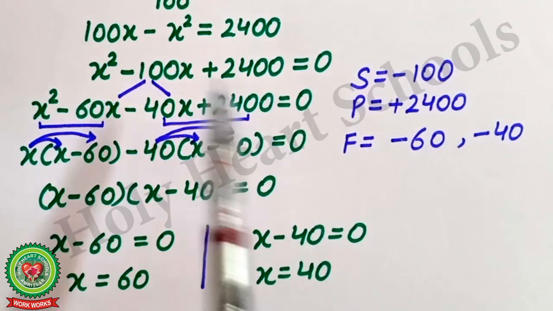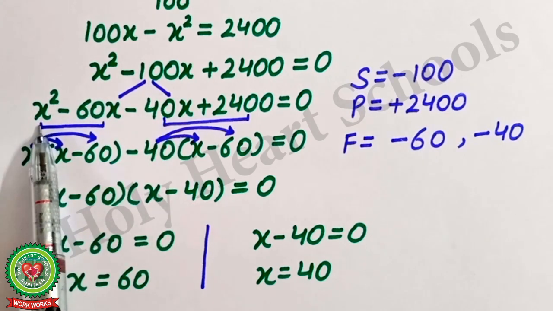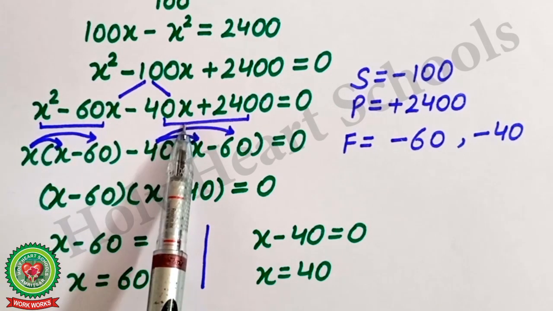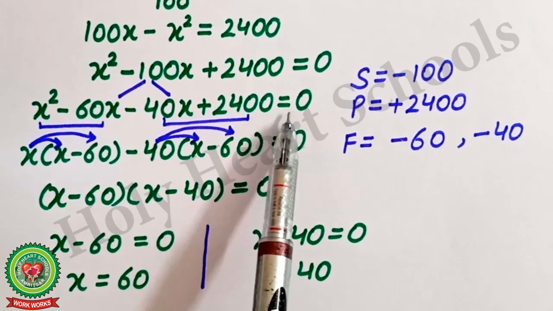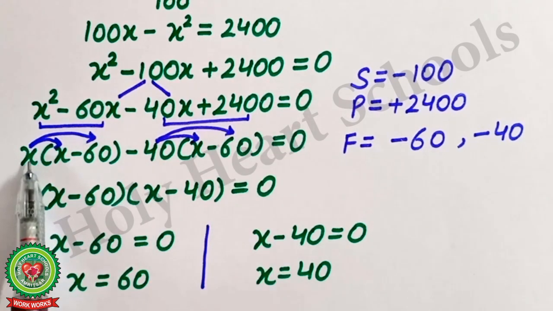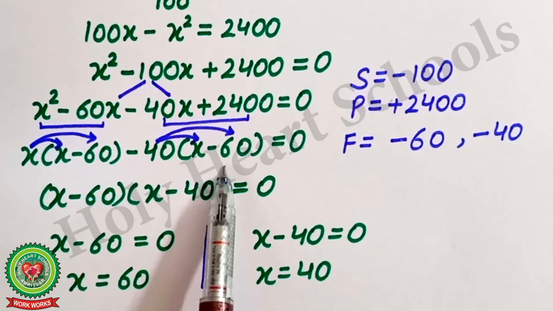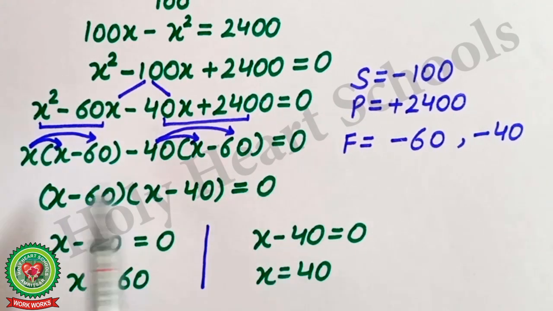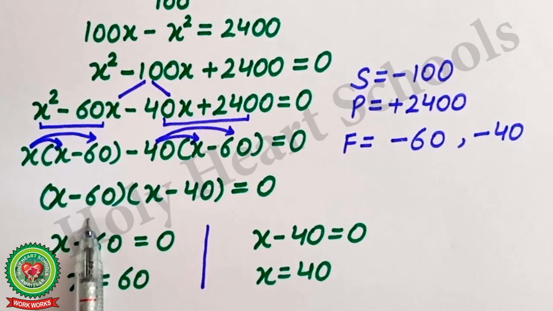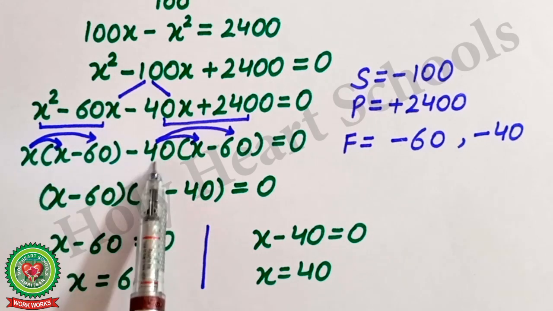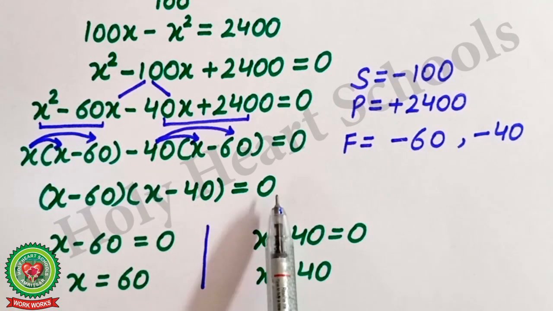After splitting the term, x square minus 60x minus 40x plus 2400 equals 0. Then x into (x minus 60) minus 40 into (x minus 60) equals 0. From here, (x minus 60) into (x minus 40) equals 0.